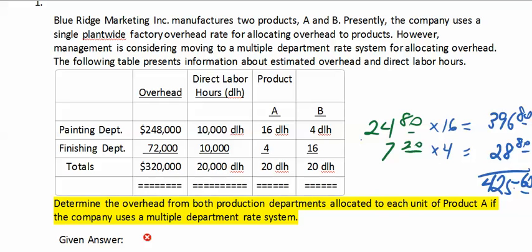Now let's compare if we use the single plant-wide rate, how much would be used by product A. We're going to take just the single plant-wide rate, $320,000 divided by 20,000 hours, and I'm going to compare that. So if I take the 320 divided by 20,000, that's $16 per hour.